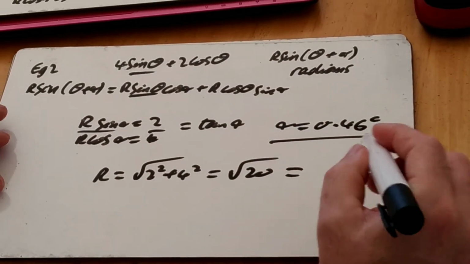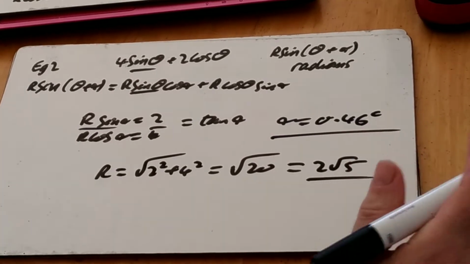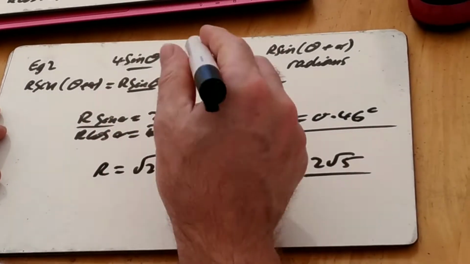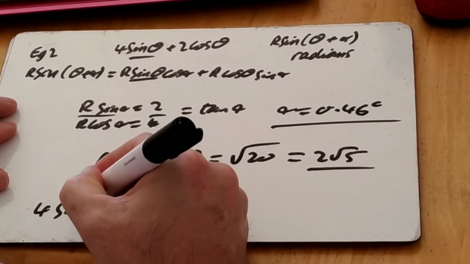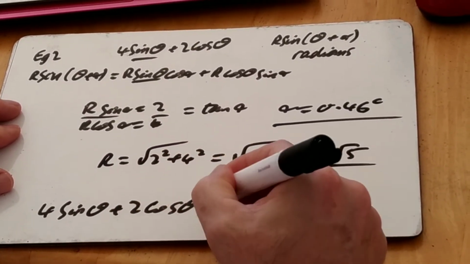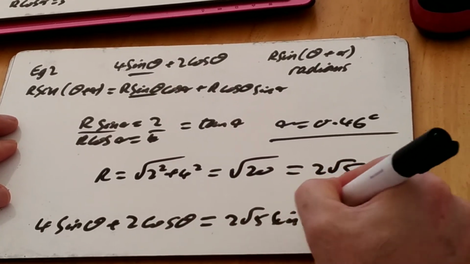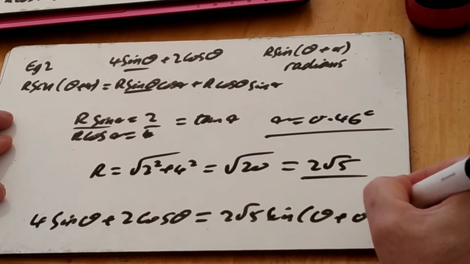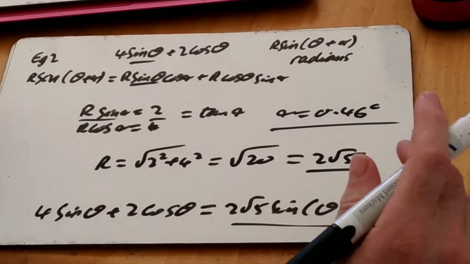I wouldn't leave it as root 20, I'd take 4 out, and 2 root 5. So how I should have done it for the one before, if I wanted a final answer, I should have really gone like this, equals 2 root 5 sine theta plus 0.46 radians. And there we go, that's my rewritten version.